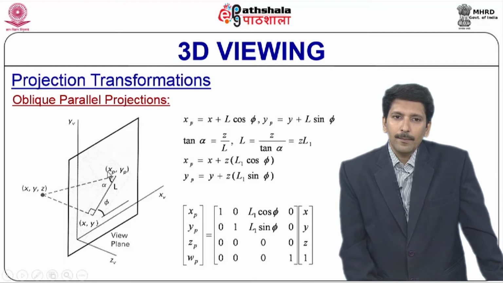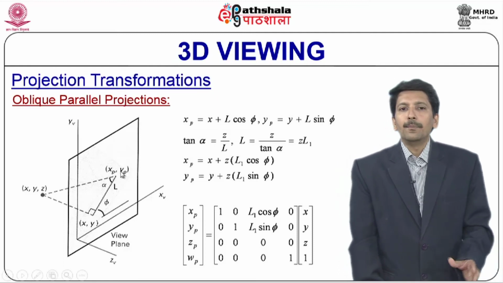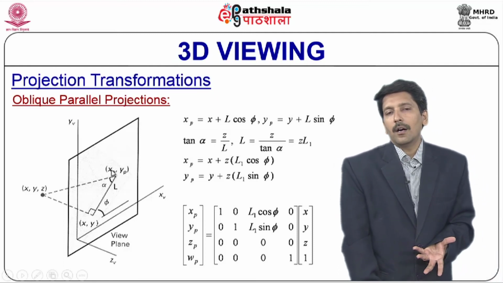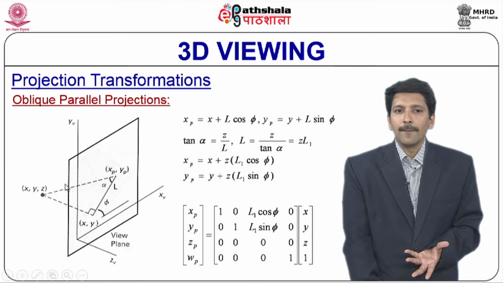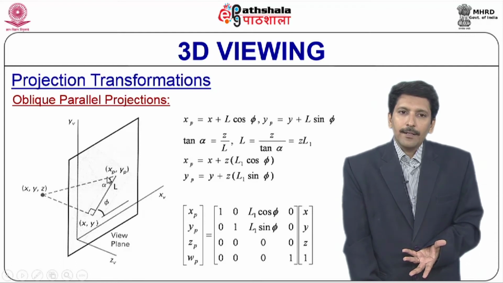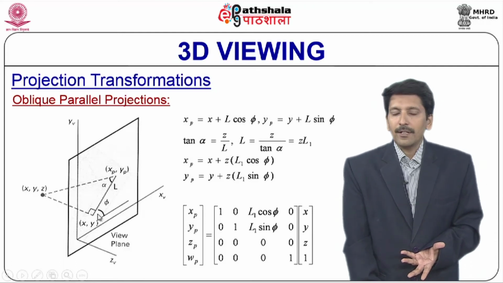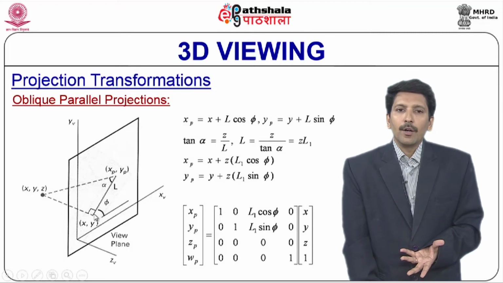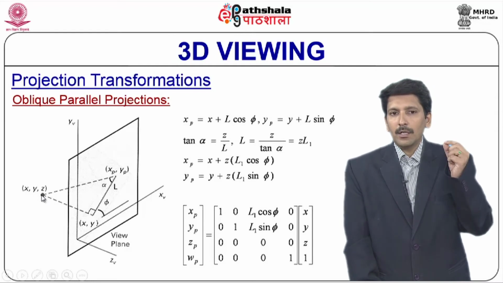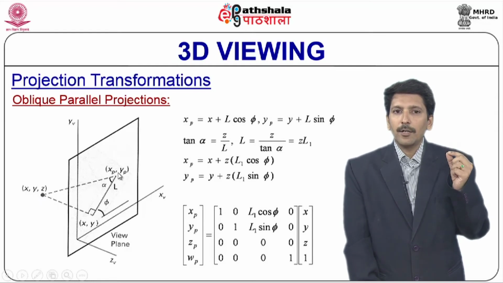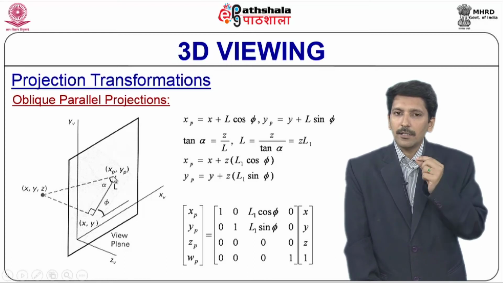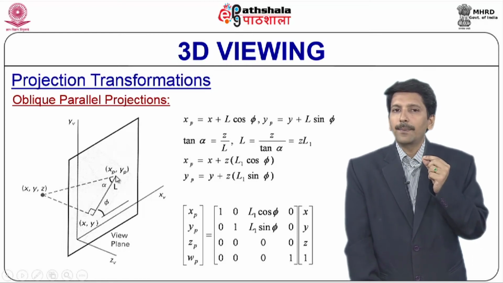Now, our aim is to compute the values for x_p and y_p. For that, we have drawn these two lines first. The first step is to take the point x, y, z and draw a line so that it hits the view plane at x_p, y_p.